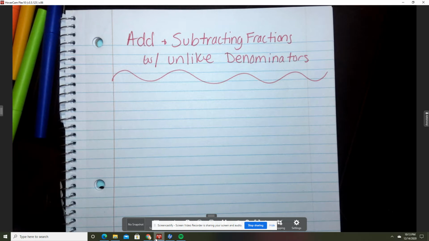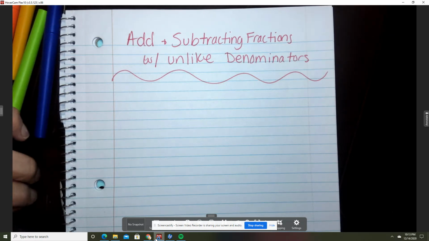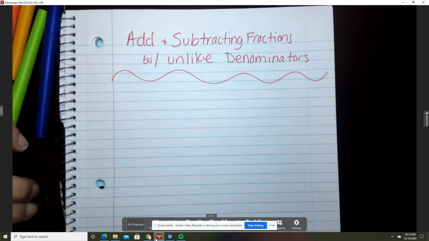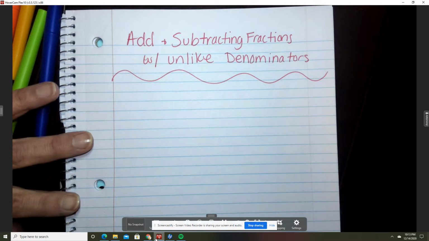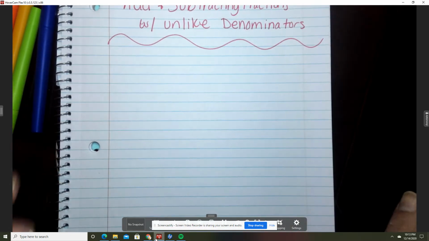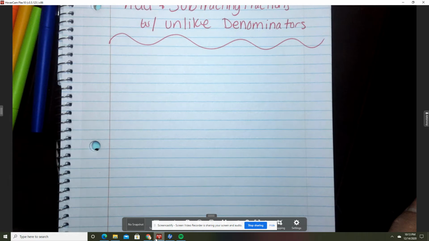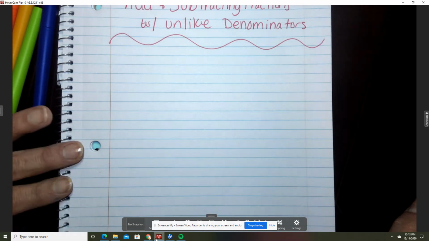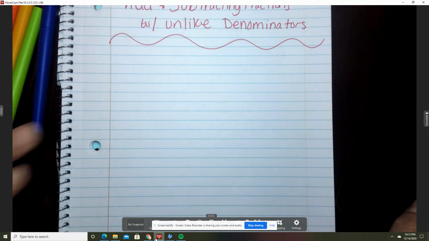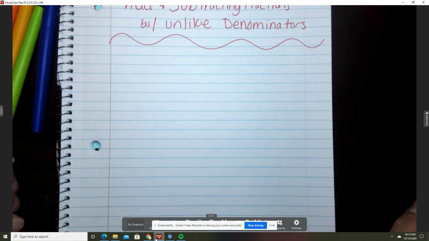All right, so adding and subtracting fractions with unlike denominators. There are a couple ways to do this. We are only going to focus on one way, and that is the lowest common denominator. That means that you find the denominator between the two fractions that you have at hand and go from there.